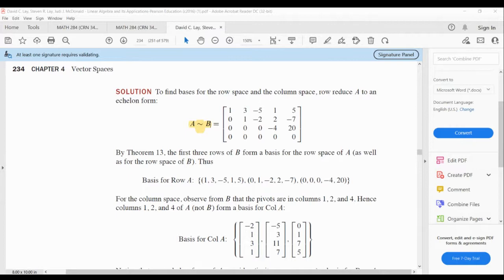So this means then that the basis for the column space of A are the 3 vectors that correspond to those pivot columns. But I want to say this the right way.